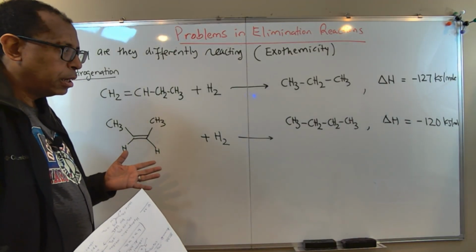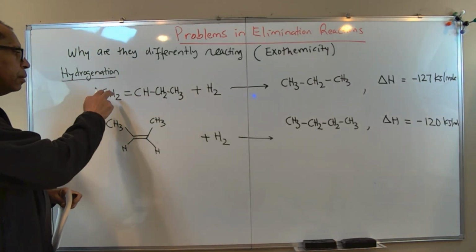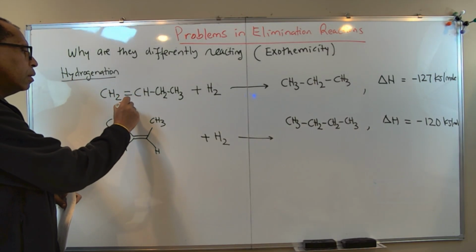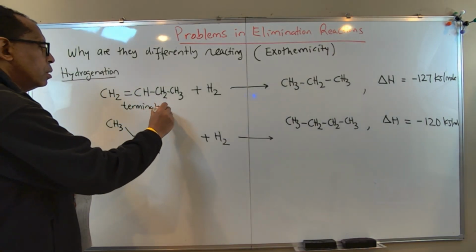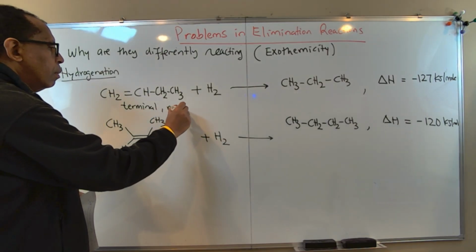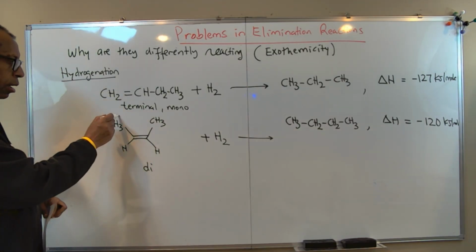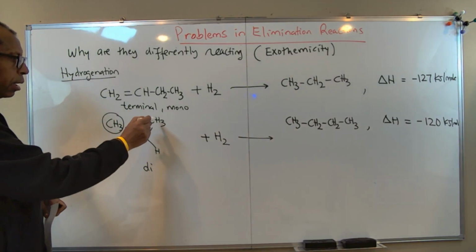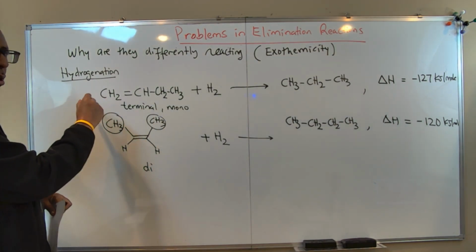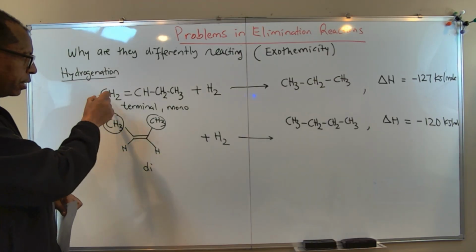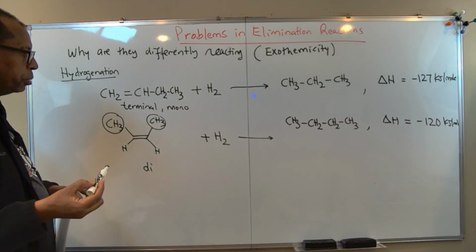The explanation is simple. If you just look at this alkene, this is a terminal alkene, only a monosubstituted alkene. This one is a disubstituted alkene, meaning that you have an alkyl group on this carbon and an alkyl group on this carbon. But on the terminal one, usually all of the terminal alkenes are only monoalkyl substituted.